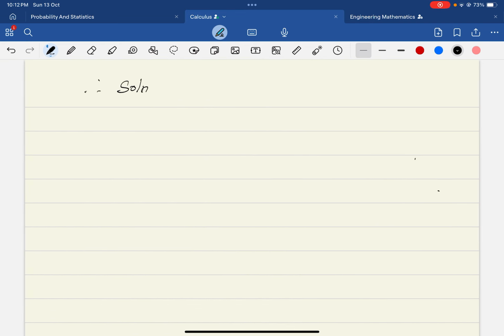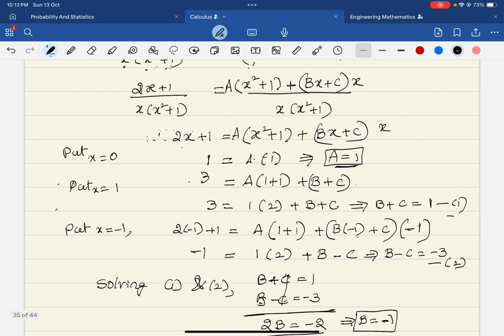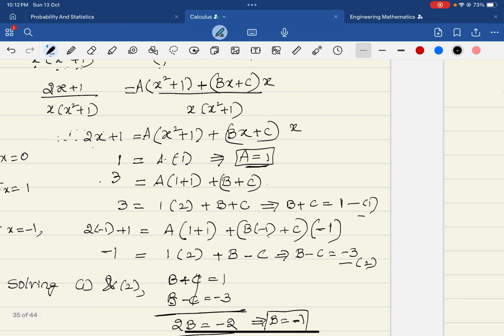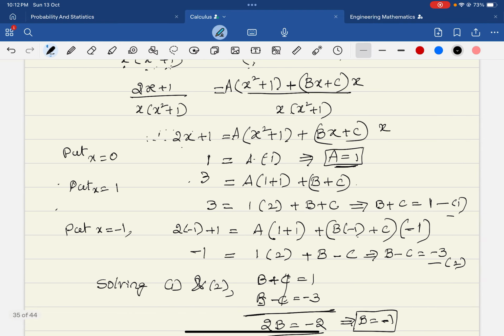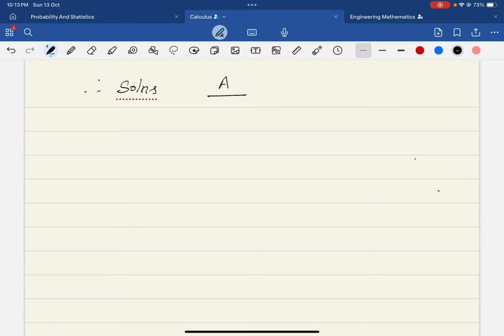Therefore the solution is A over x plus bx plus c over x square plus 1, with A is 1, B is minus 1 and C is 2. So this is the equation 1.